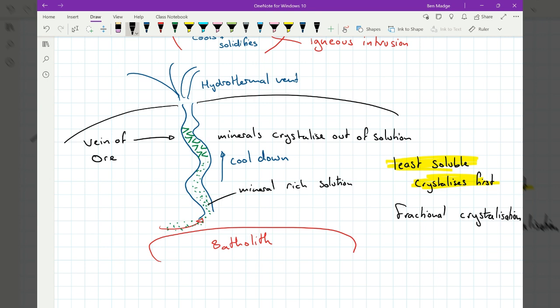And some of these metal ores that we can exploit that are formed in this way include things like tin, copper, lead, silver, gold, and arsenic. Okay, so they're the key metals that we need to know about.